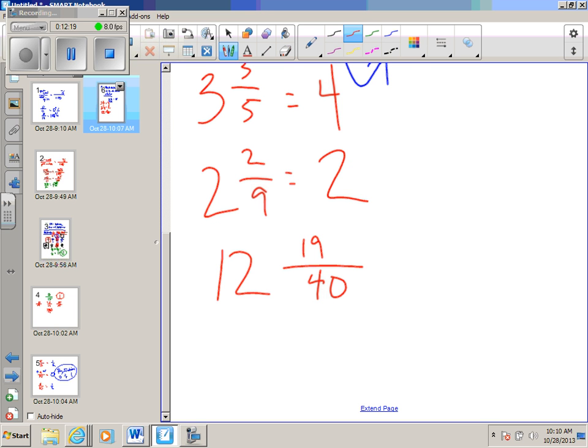Does 19/40 represent half or larger? Just under half, therefore, stays at a 12. Okay? So anytime you've got these fractions that you're working with on your mixed numbers, they have to represent a value of half or larger to round up. Okay?